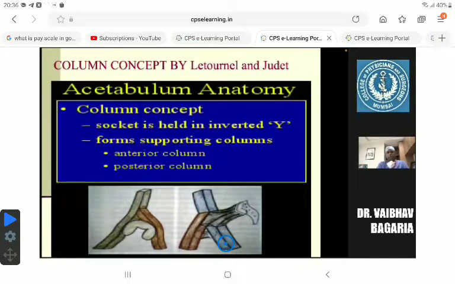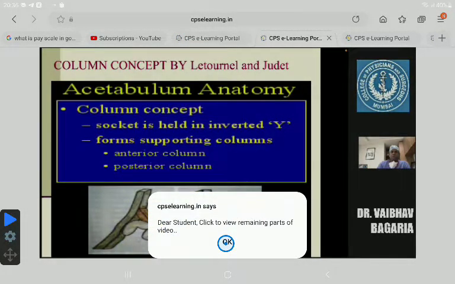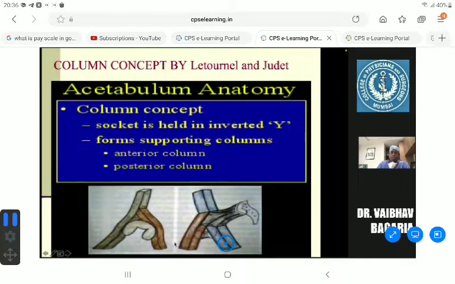Now, it is also important to know about the Letournel and Judet description of the acetabular anatomy, and they give this column concept, that the socket is held in an inverted Y form and they form supporting columns.